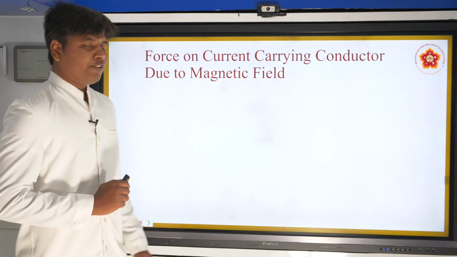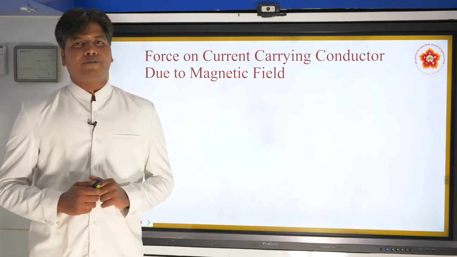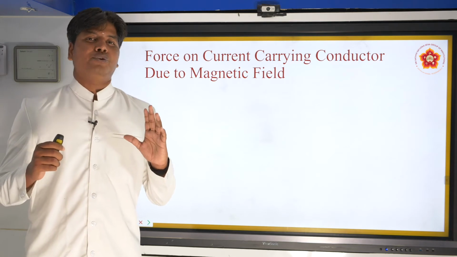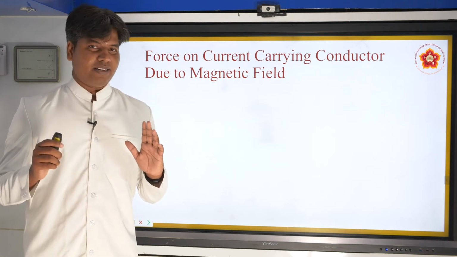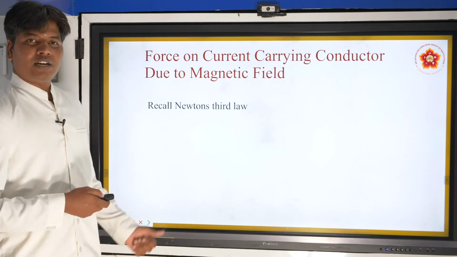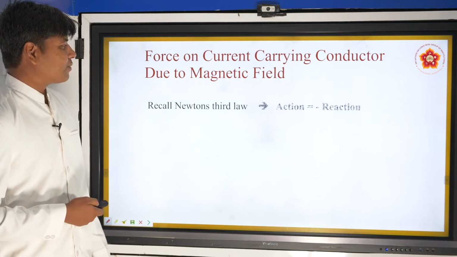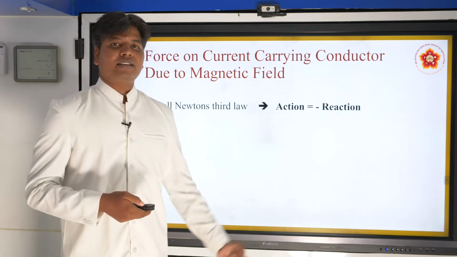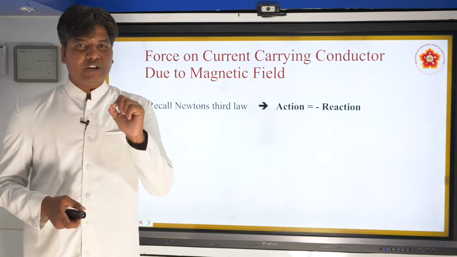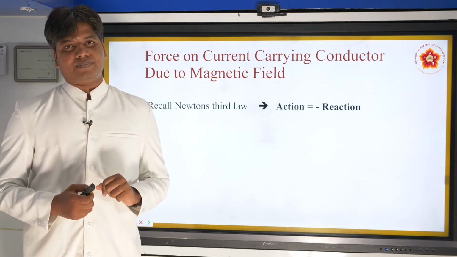Force on the current. When you listen to the term force, the first thing that comes into your mind is Newton's laws, right? Everybody is familiar with Newton's third law. What is Newton's third law? Action is equal to minus reaction. That means every action has an equal and opposite reaction.